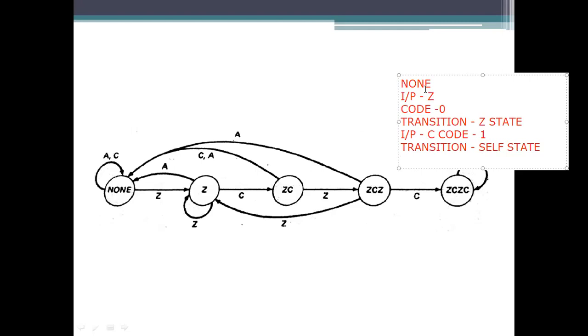Else, for A, the code is 2, and the transition will be the self state.